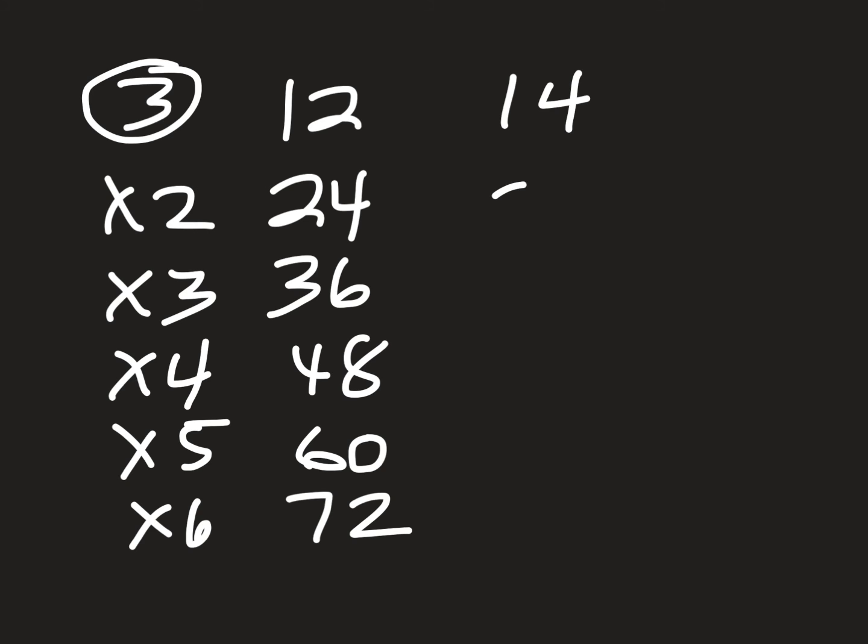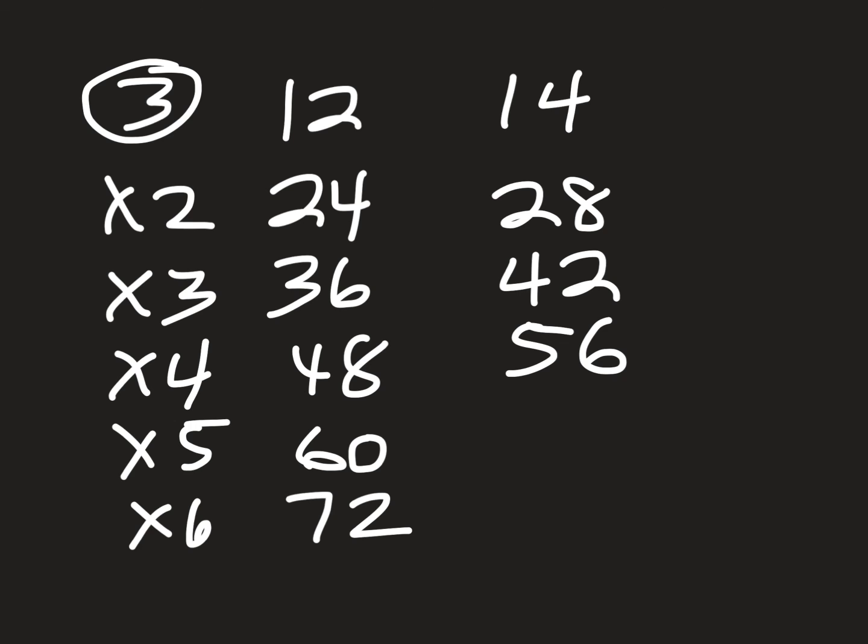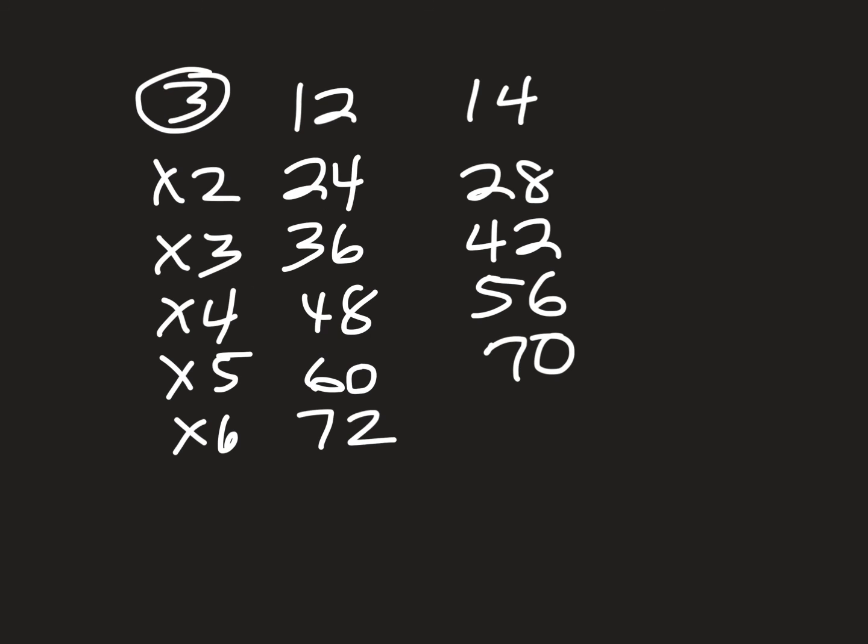Times 2 is going to be 28. 14 times 3 is 42. 14 times 4 is 56. 14 times 5 is 70. So far, we haven't found a common multiple, have we? So I'm going to have to add to my list a little bit here.